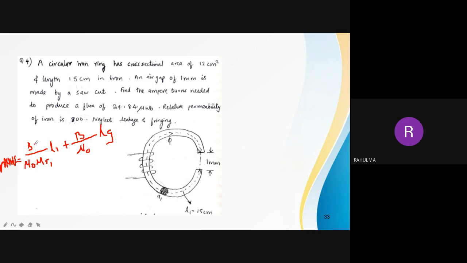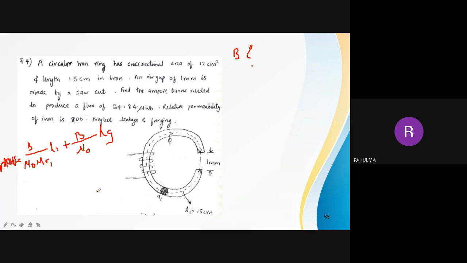B, whether they have given the value of B. B തന്നിട്ടുണ്ടോ? ബിയുടെ വാല്യൂ നമുക്ക് തന്നിട്ടുണ്ടോ? Whether they have given us the value of flux density? No, they haven't given. So we don't know B. Okay, let it be there.